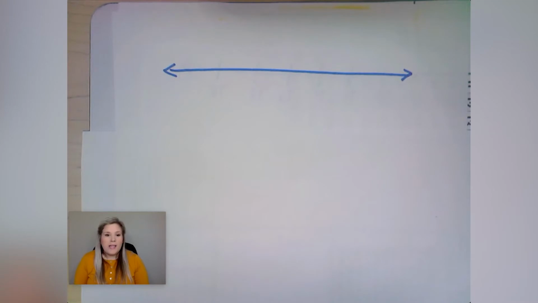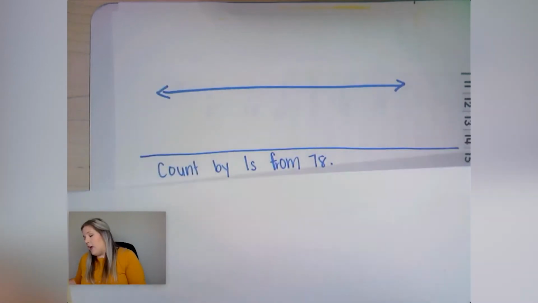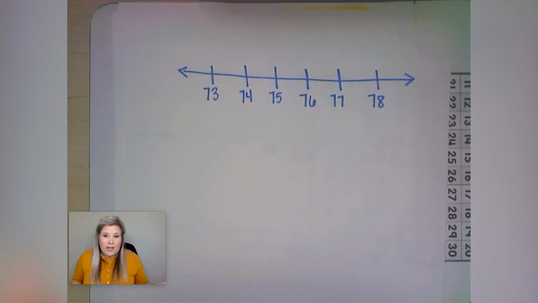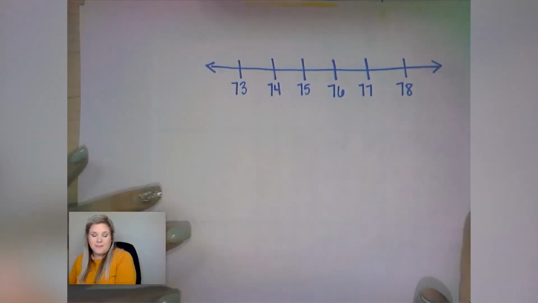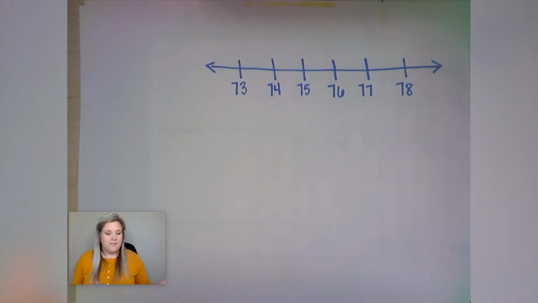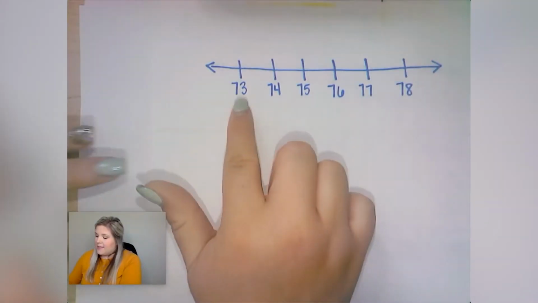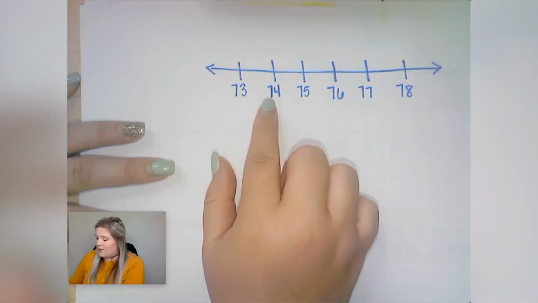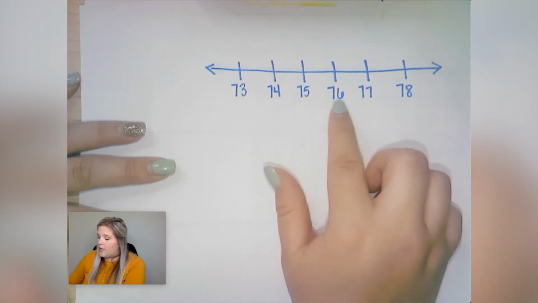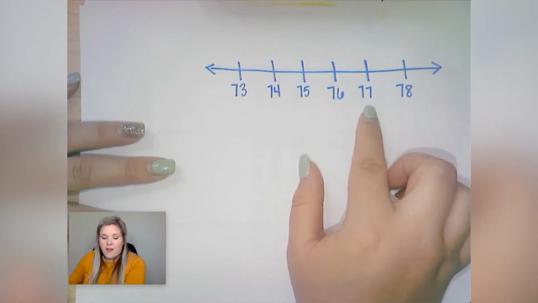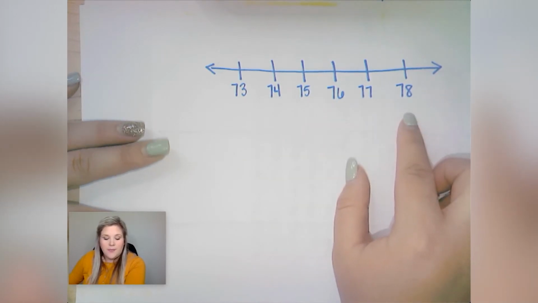Now, I want you to take a look at a number line that I have filled in already. This number line helps me count by ones from the number 73 to the number 78. 73, 74, 75, 76, 77, 78.